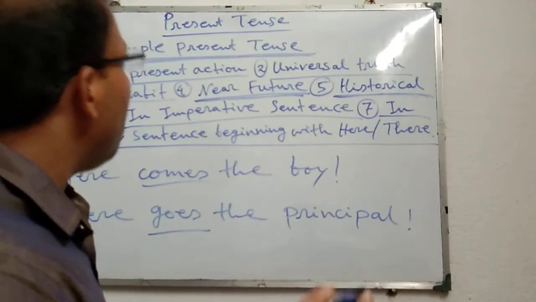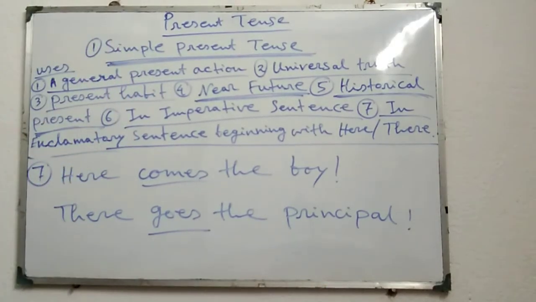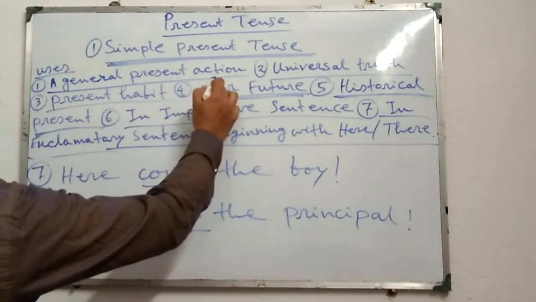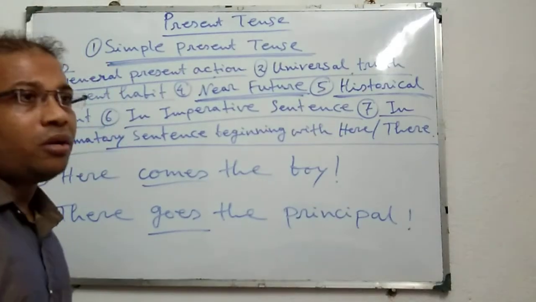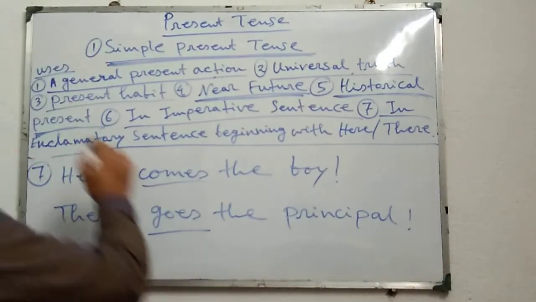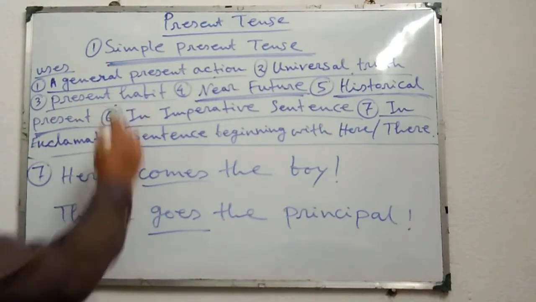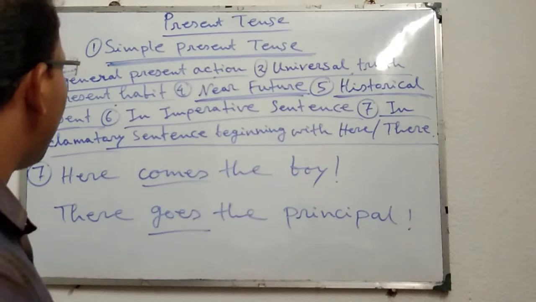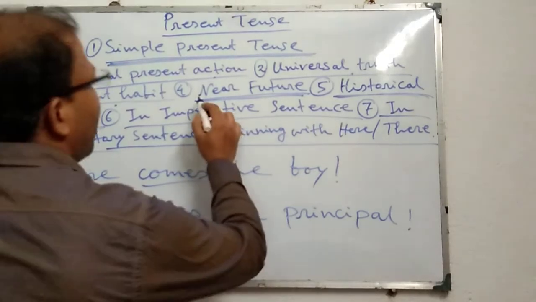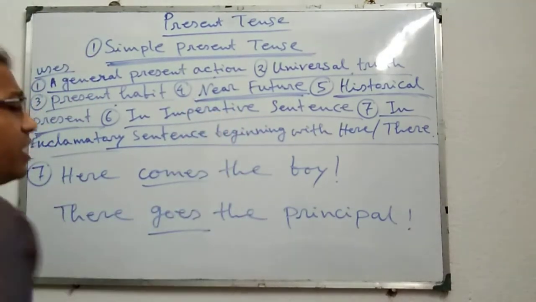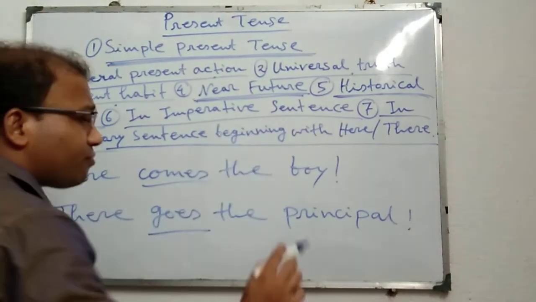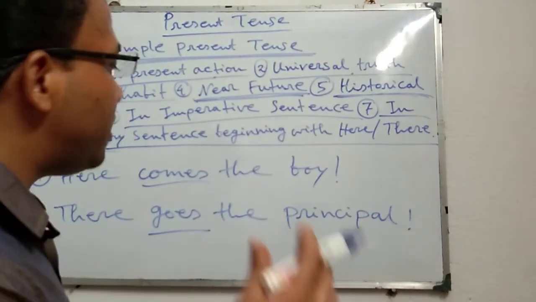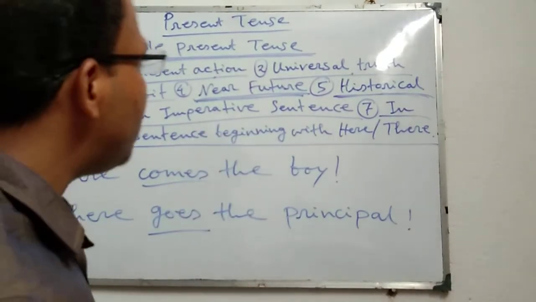That means simple present tense is used to indicate a general present action, universal truth or eternal truth, present habit, any habit that is a part of the present action. Thereafter, simple present tense is also used to indicate near future, that is a part of the present plan or present arrangement.